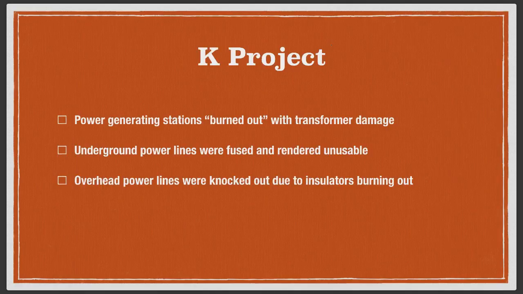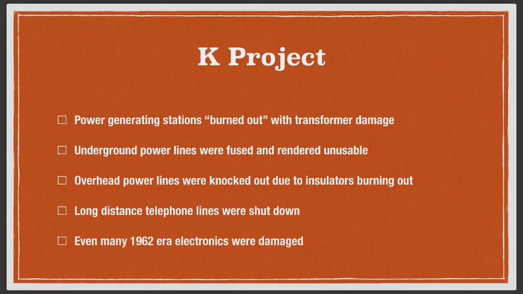Overhead power lines were knocked out due to their insulators burning out. Long distance telephone lines shut down. And even many of the 1962 era electronics were damaged, in spite of much higher tolerance for EMP than our modern devices.